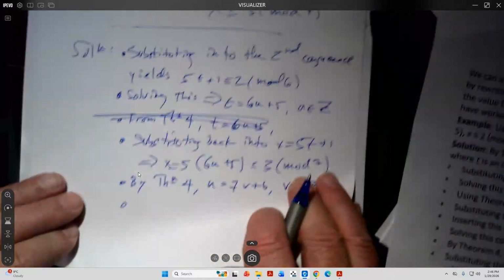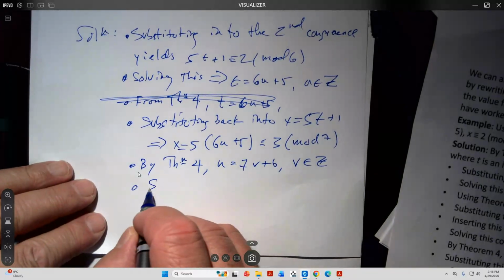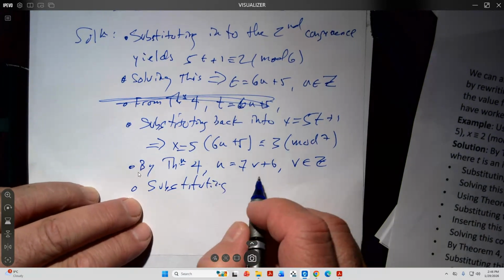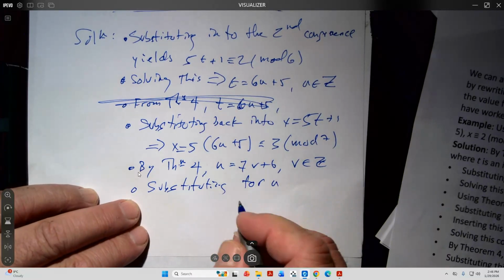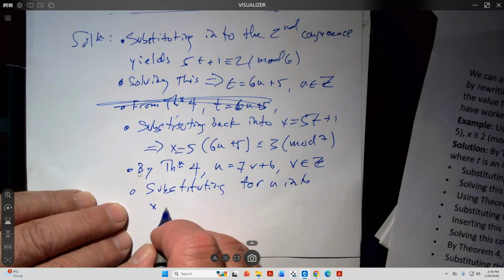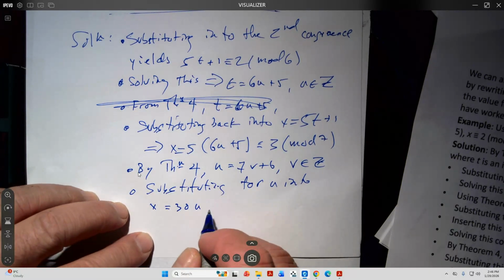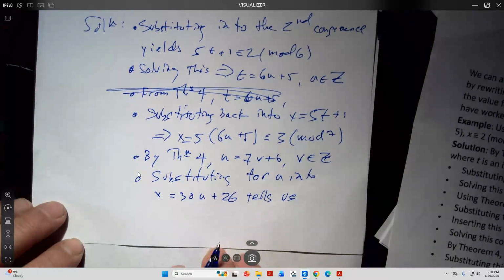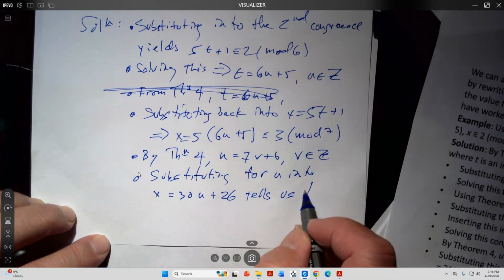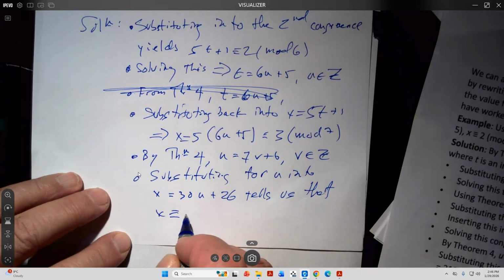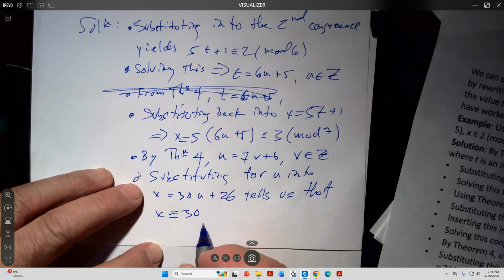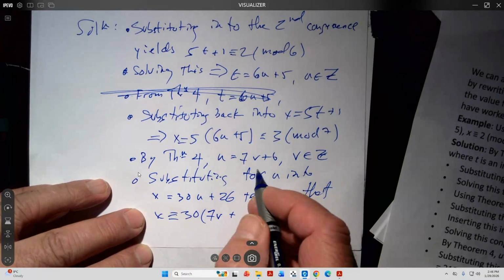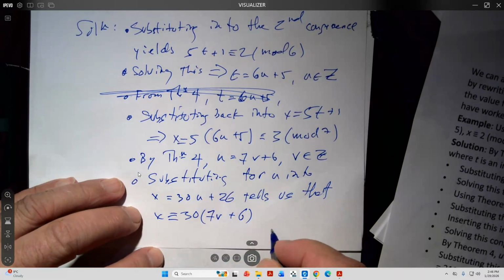So substituting this for u into x equals 30u plus 26 tells us that x equals 30 times (7v plus 6) plus 26.